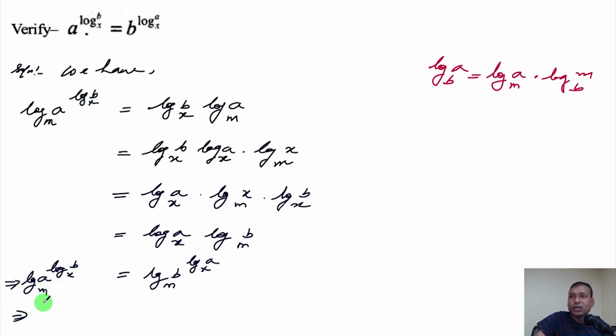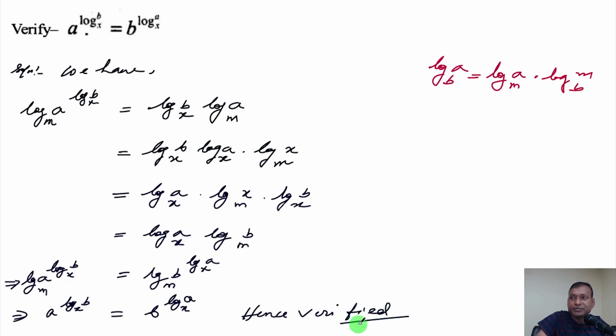Now this log to the base m and this log to the base m cancel, so we get log b to the base x equal to b power log a to the base x. So hence verified. This way we verified this problem also.